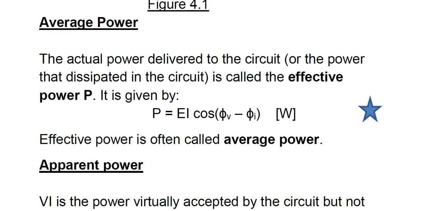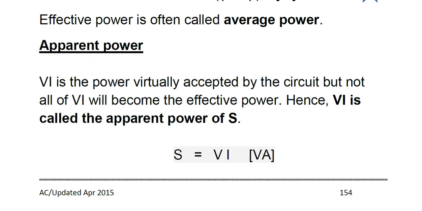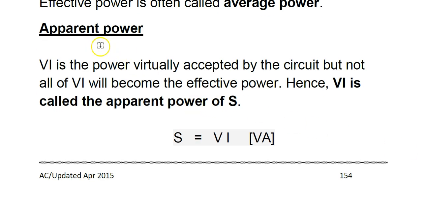Now, the other type of power that we can determine in an AC circuit is what we term as apparent power. Apparent, the word means that it is basically the power that is available to a circuit. Right, and we will want to understand why it cannot all be taken out.